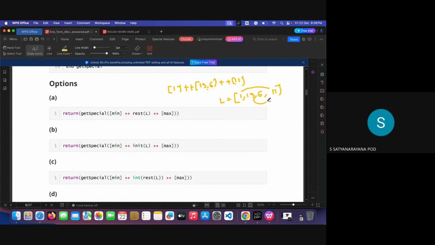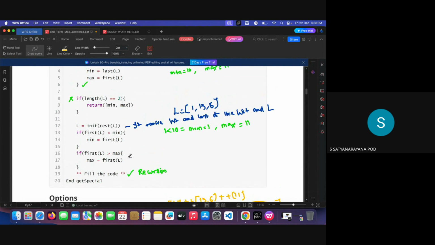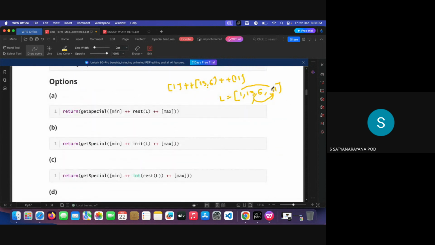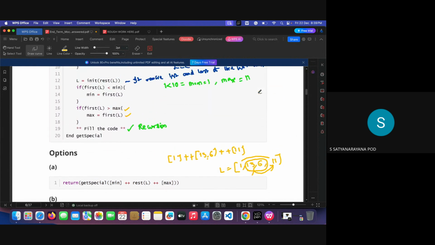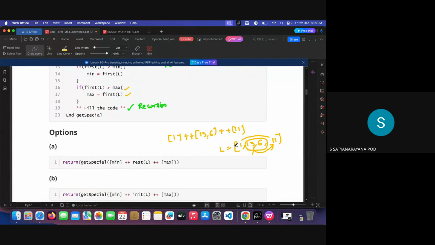So keep on doing this exchanging part. When it comes to here, now this part is extracted. This is the next size of the list, because it is rest and init. Because of this part, 11 is removed, and again this part is taken.